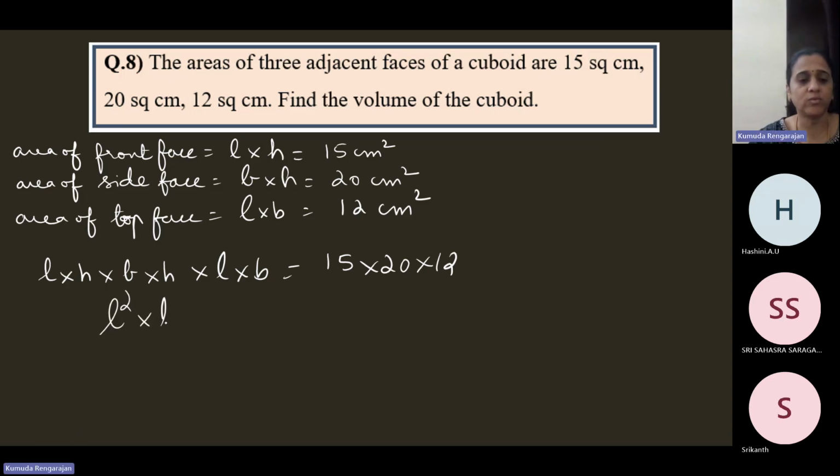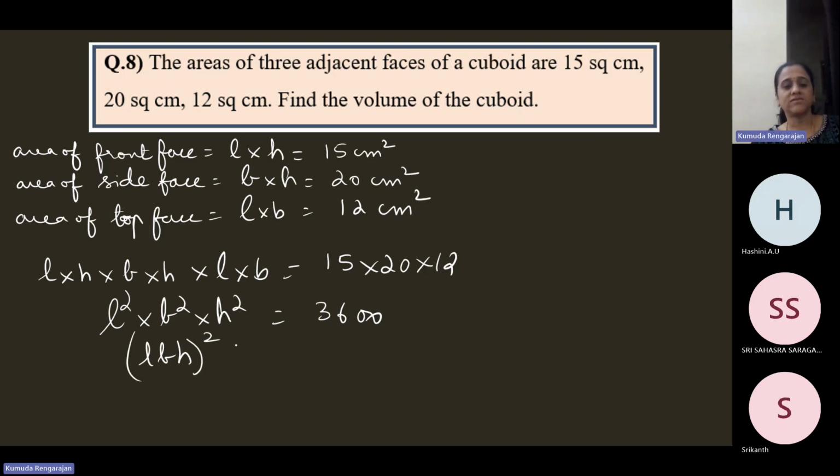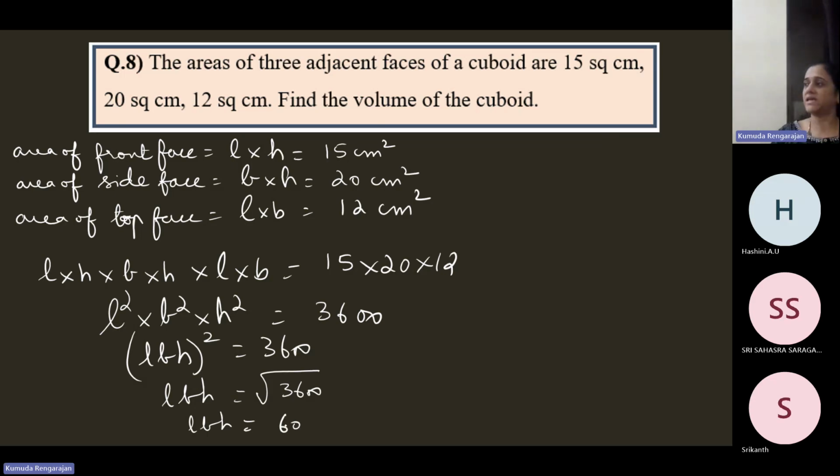L square into B square into H square is equal to 300 into 12, which is 3,600. So LBH the whole square is 3,600. So what is LBH? 60. And what is LBH? The volume of the cuboid.